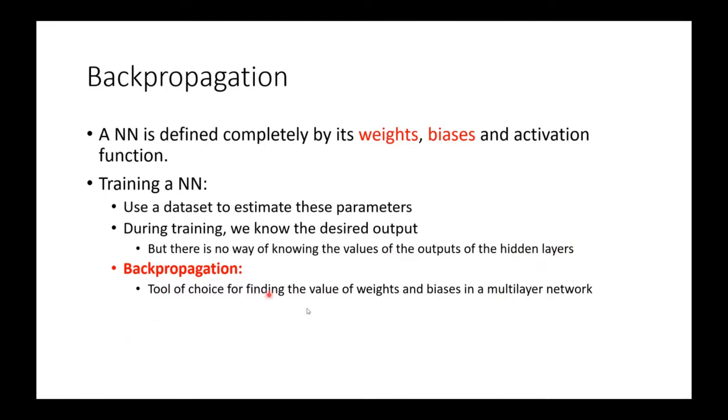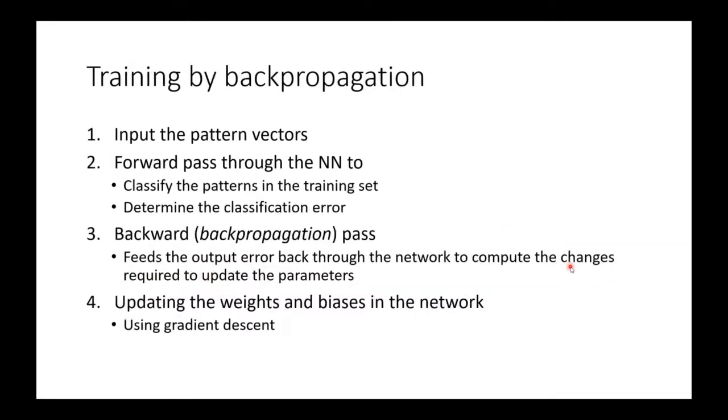We're going to use it as a tool of choice for finding the value of weights and biases in a multi-layer network with many hidden layers. So in a nutshell, training by backpropagation is you input the pattern vectors, you do a forward pass, as we've seen before, through the neural network to classify the patterns in the training set and to determine the classification error.